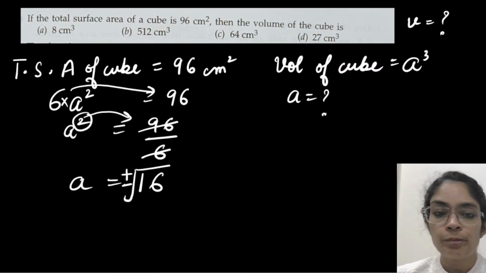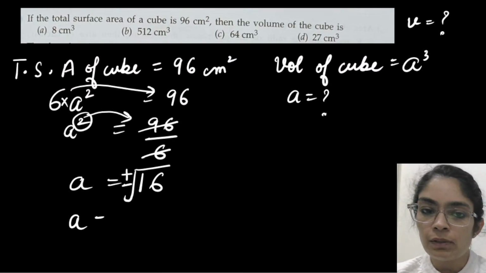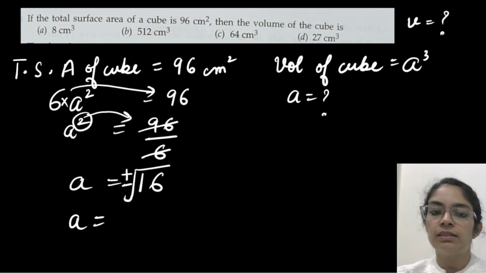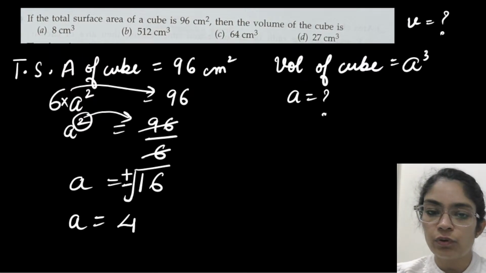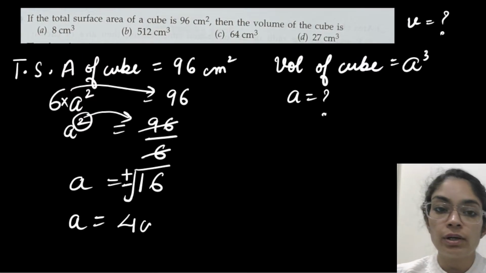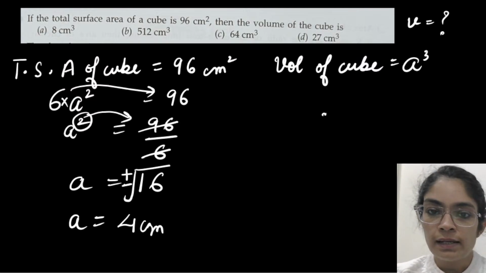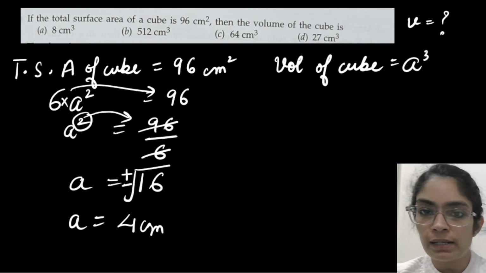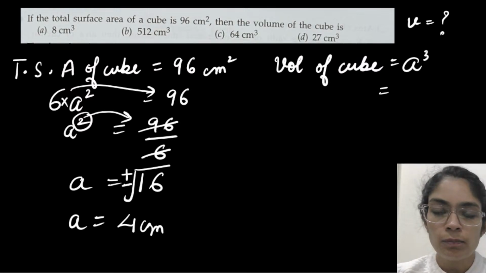So a is equals to plus minus root 16, that is 4. Only positive value we will consider, because we are here dealing with areas, so those are always positive. So we found the value of a. Now here we can just substitute the value of a in the volume's formula.